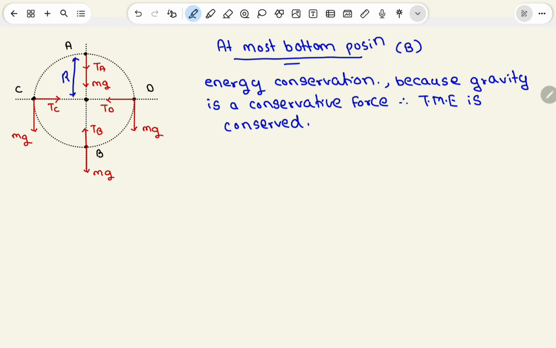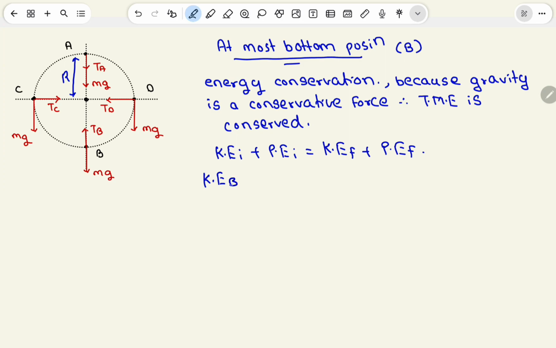And since total mechanical energy is conserved, we can write kinetic energy initial plus potential energy initial is equal to kinetic energy final plus potential energy final. Here, our initial point is B and final point is A. So, initial point, let's consider B.